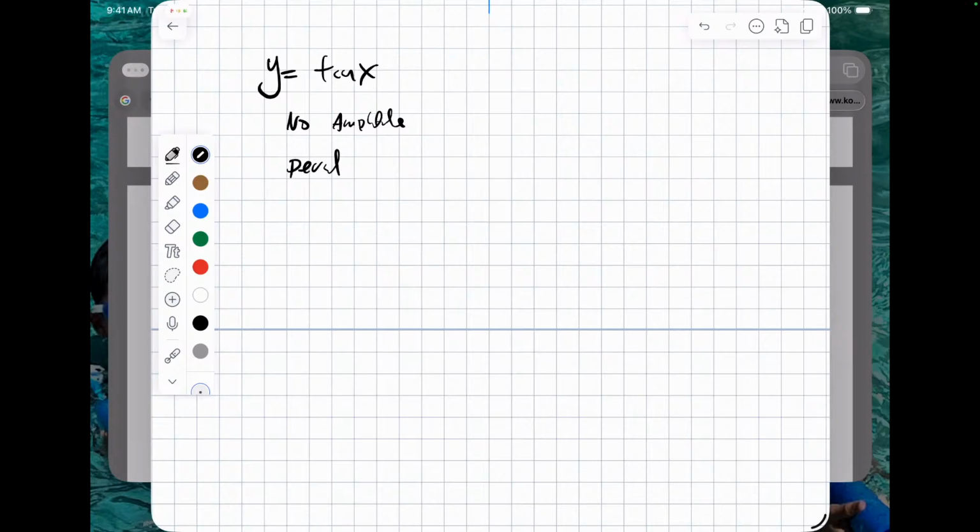The period is going to be, remember, pi over b. So tangent and cotangent have period pi over b rather than 2 pi over b. You have to have that memorized. Is this okay? It's pi over b rather than 2 pi over b.